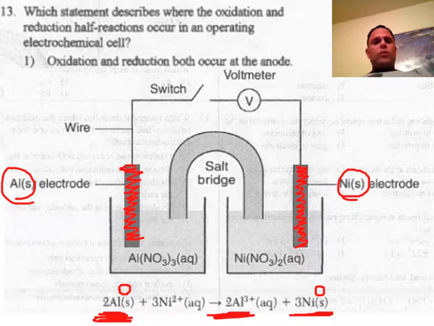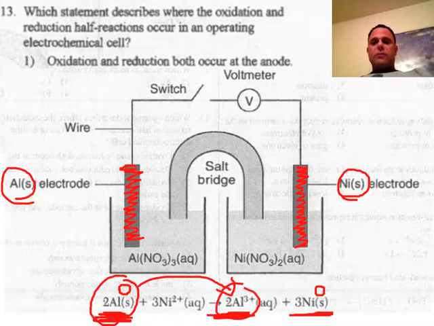The 2 aluminums on the right are +3, so they must be giving up 6 electrons to go from this to this. Which also means that this nickel, which is +2, but we have 3 of them, is a +6 on the left. On the right, it is 0.